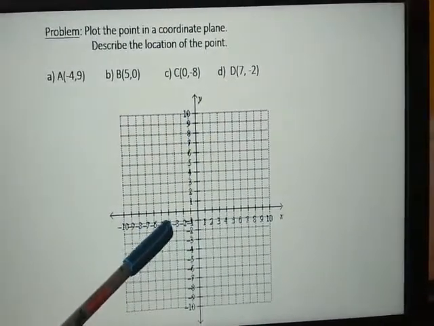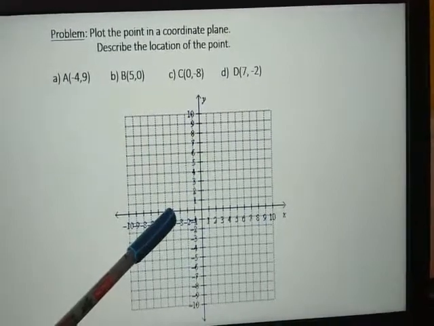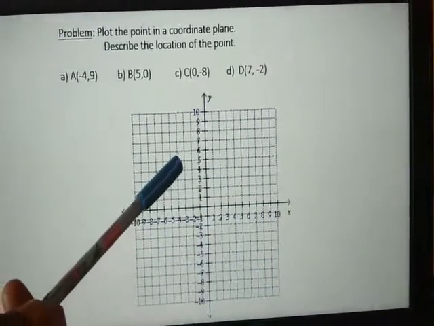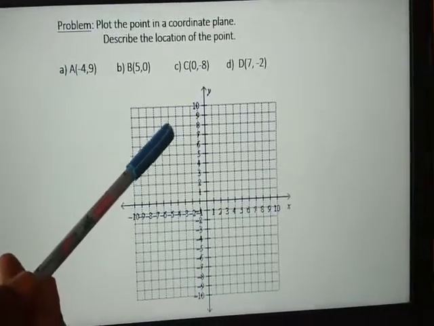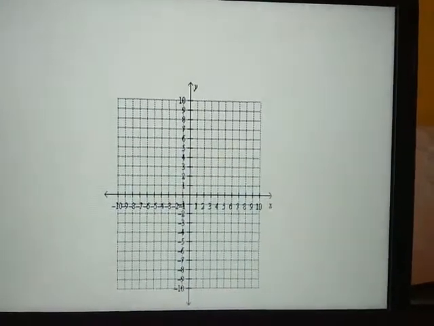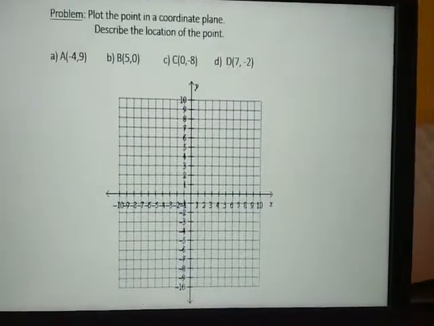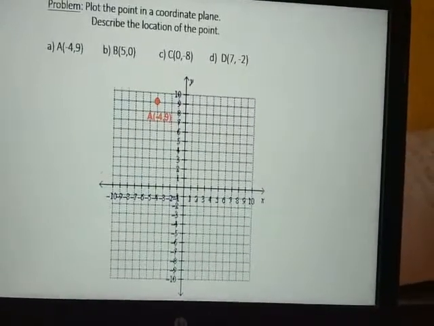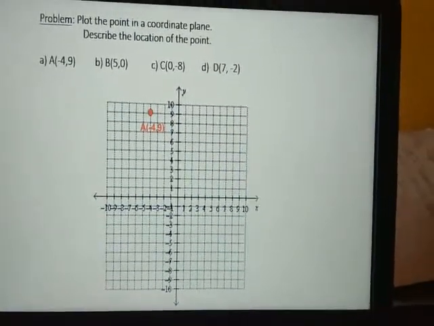Ordinate is 9. So from minus 4, start counting like this: 1, 2, 3, 4, 5, 6, 7, 8 and 9. Here we get the point, and we have to write the point as A, minus 4 comma 9.